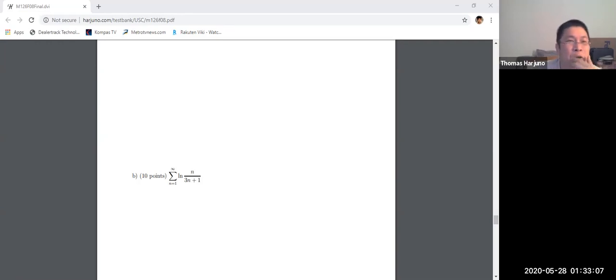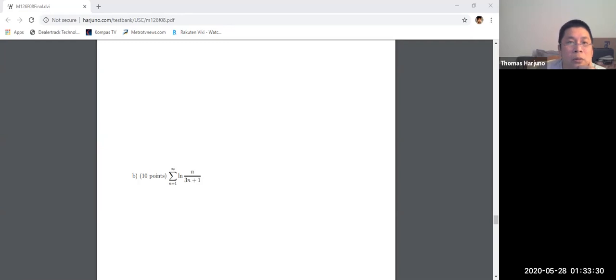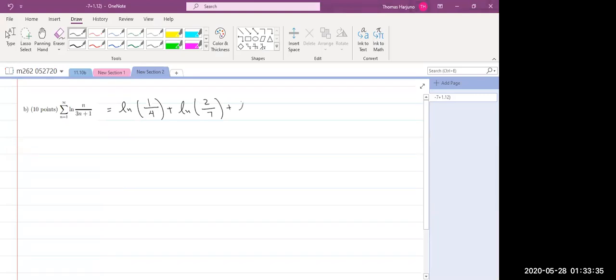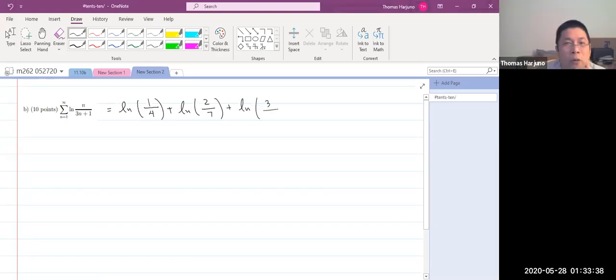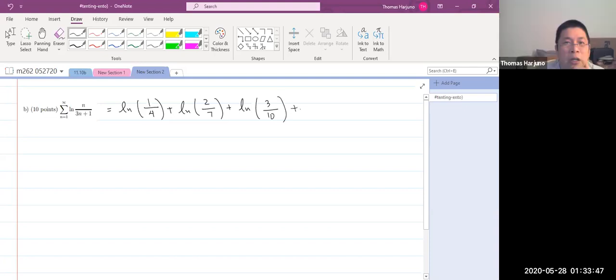Okay, let's see how we approach this problem here. Let's write the first couple of terms. When n equals 1, there will be ln 1 over 4 plus ln 2 over 7 plus ln 3 over 10, and so on.